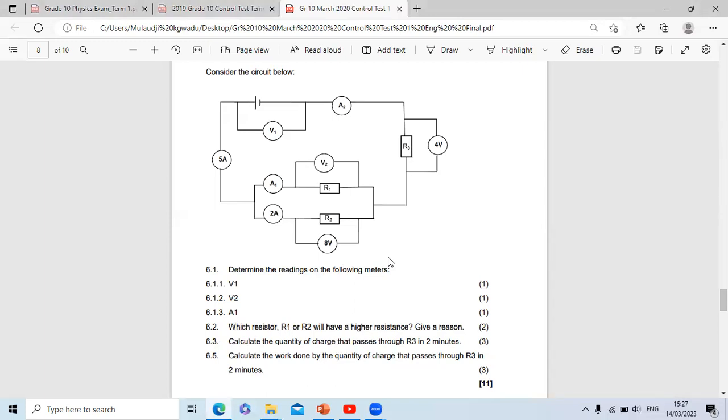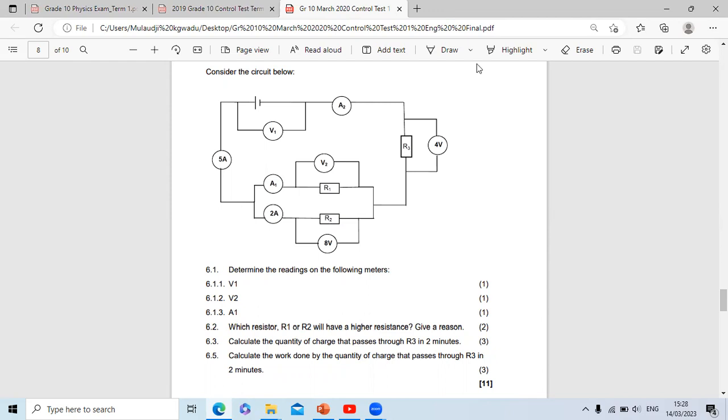So they say consider the circuit below, and they want you to determine the readings on V1, V2, and A1. So first thing we're gonna look at when determining the readings, we're always gonna go to the resistors. As you can see, R1 and R2 are in parallel.